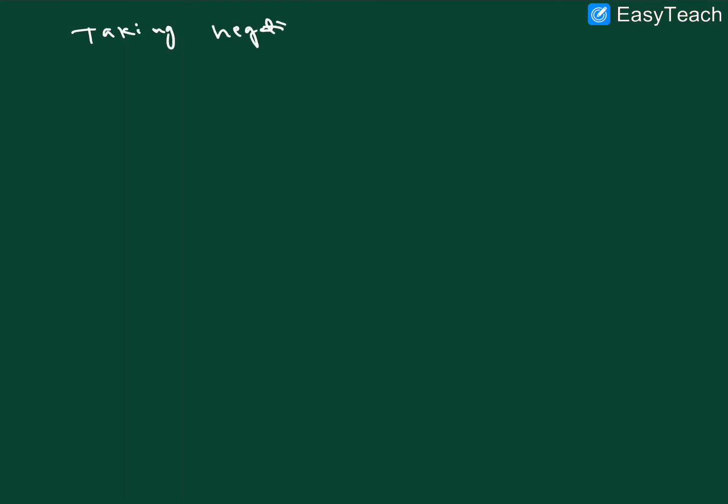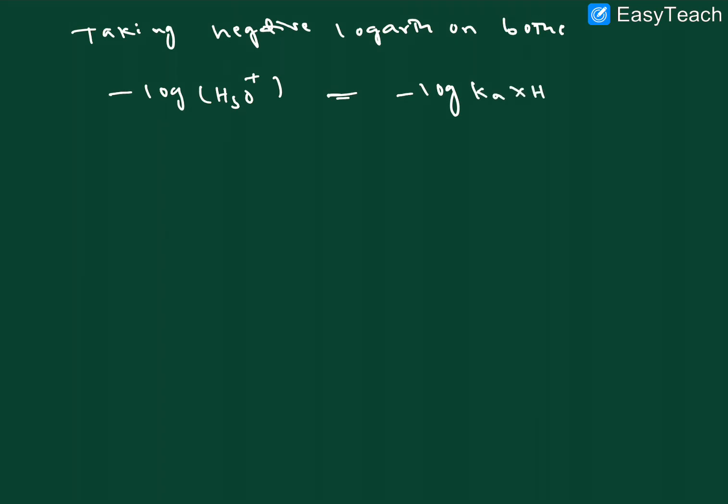For this equation, apply the negative logarithm, right? Taking the negative logarithm on both sides. So what is the resultant equation here? Minus log of H3O plus concentration, right? Here we are applying the negative logarithm of Ka into HX by X minus ion, right?